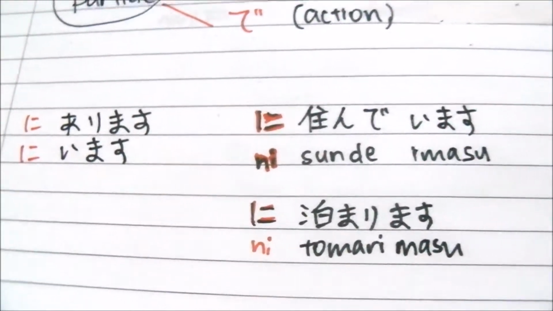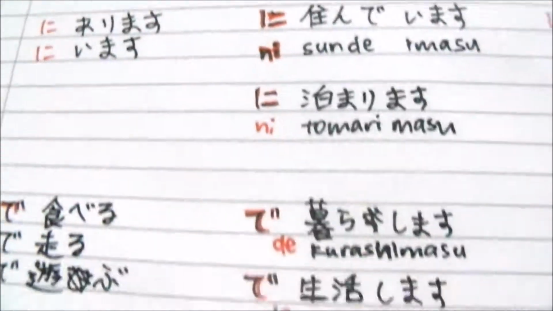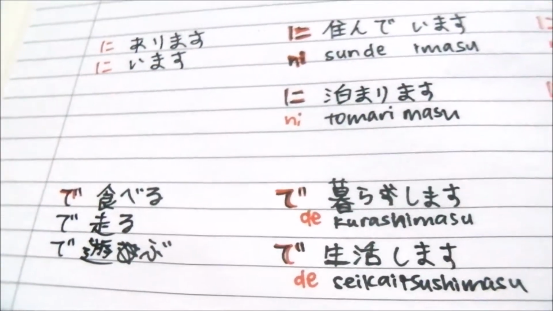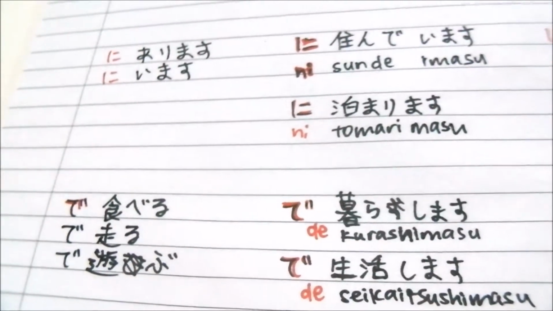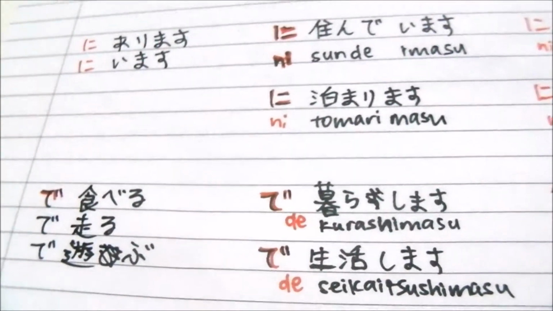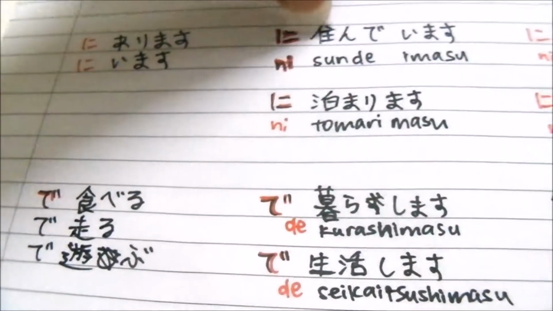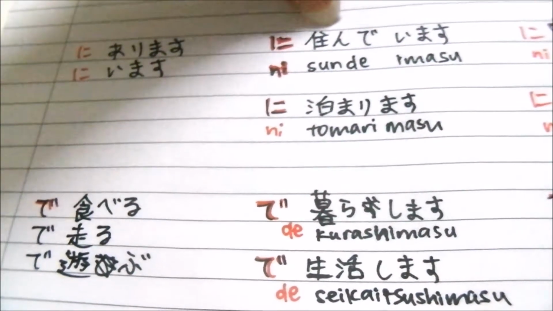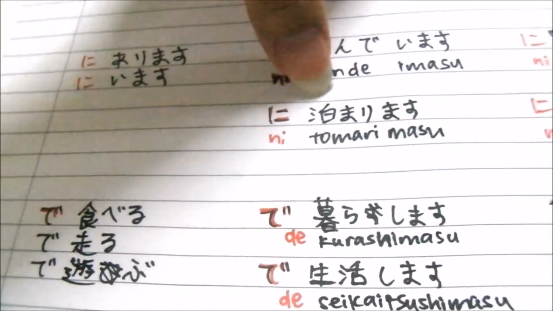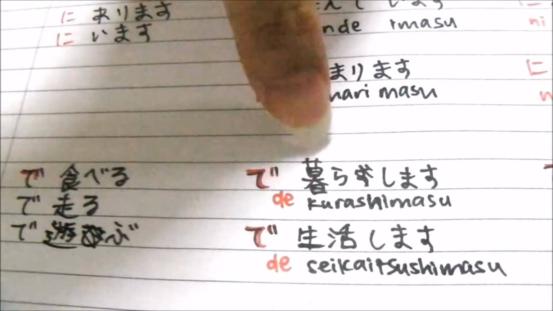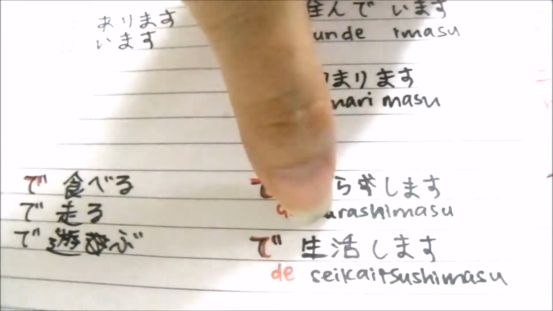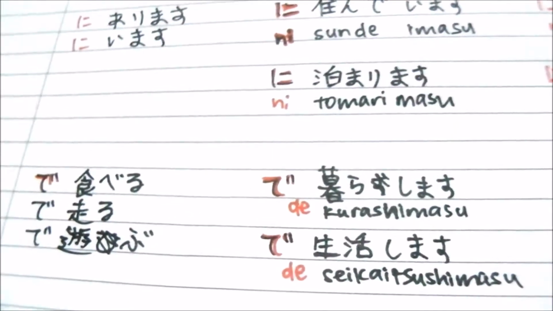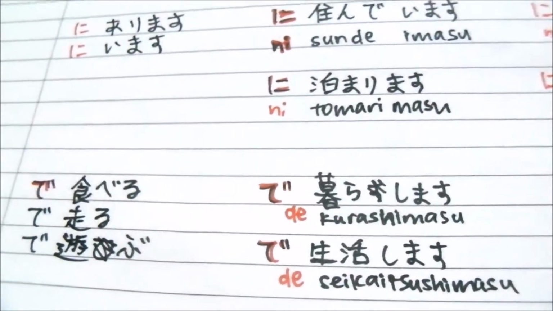But there are some similar words such as kurasu. Kurasu or kurashimasu is basically living at some place. So just take note, the first two sentences mean you stay at some place as a permanent residence, or you're staying in a hotel, etc. Whereas here it indicates living. Seikatsu shimasu also means you are living at the place, you are living out your life in that place.